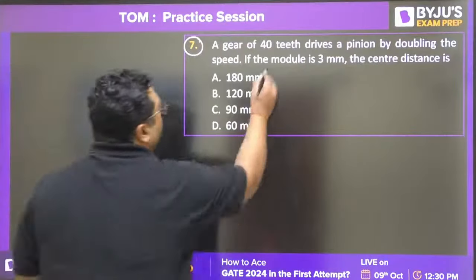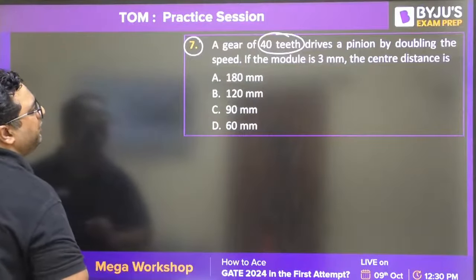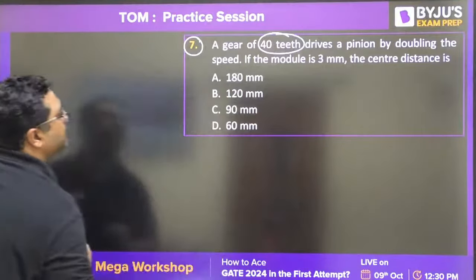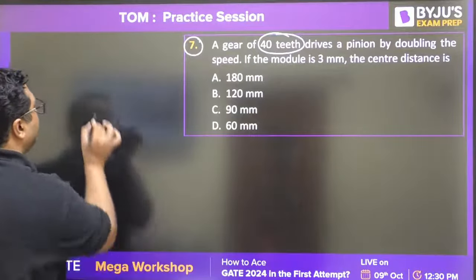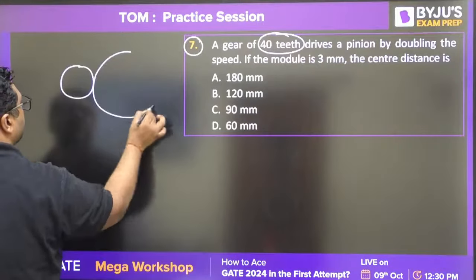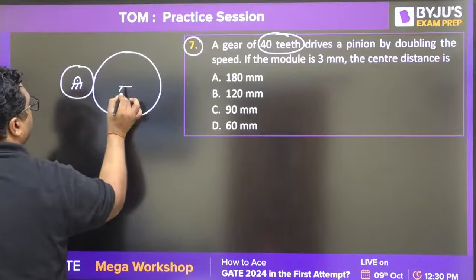A gear of 40 teeth drives a pinion by doubling the speed. If the module is 3 mm, find the center distance. There is a pinion, there is a gear. They are saying the speed is getting doubled for the pinion.